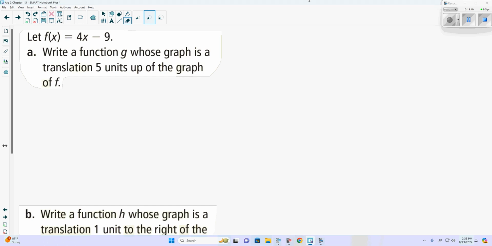Write a function, g, whose graph is a translation of 5 units up. So g of x is going to equal f of x plus k, because we use the f of x plus k because that is our general form for our translation up and down.